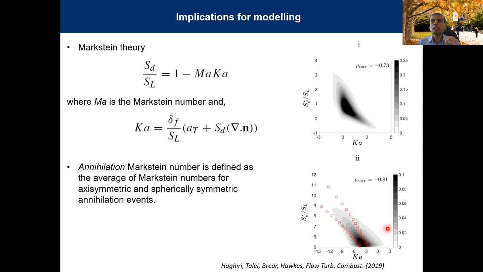If I determine the Markstein number for these two individual cases and take an average, I can see that that average number can explain the behavior of annihilation events. This was quite encouraging, and we call that the annihilation Markstein number.